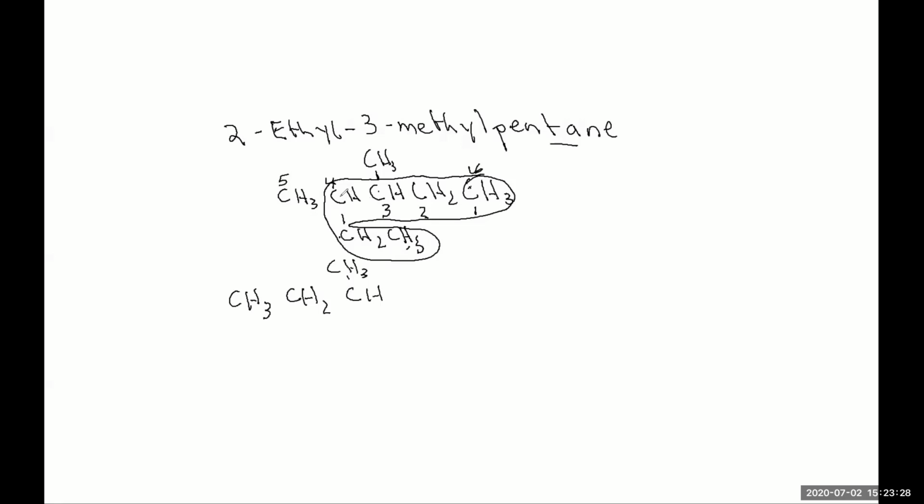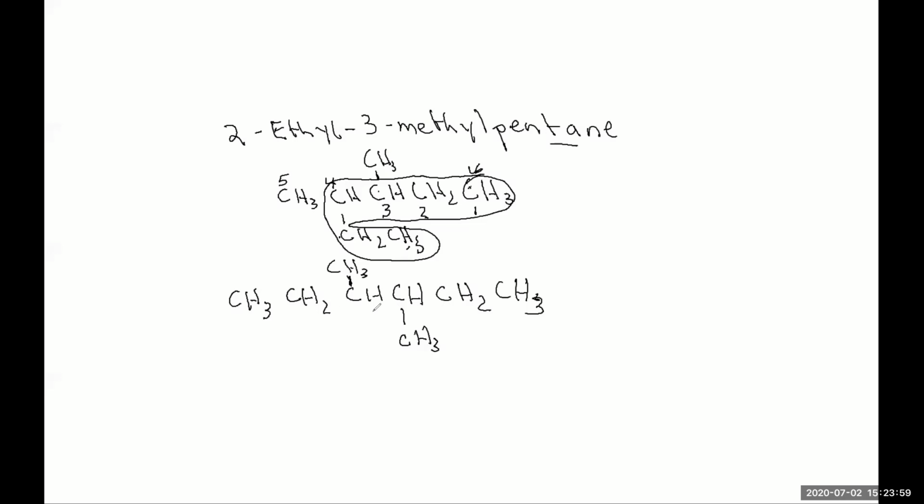Now we have CH, but we want the main chain to continue in this direction, so we would write the rest horizontally, and then we would take the ethyl group here as a branch, CH2. When we rewrite it this way, we can better get at the nomenclature here. So 1, 2, 3, 4, 5, 6, a parent chain of 6.